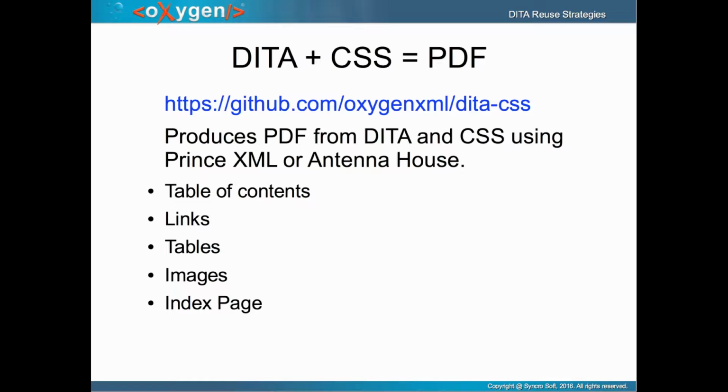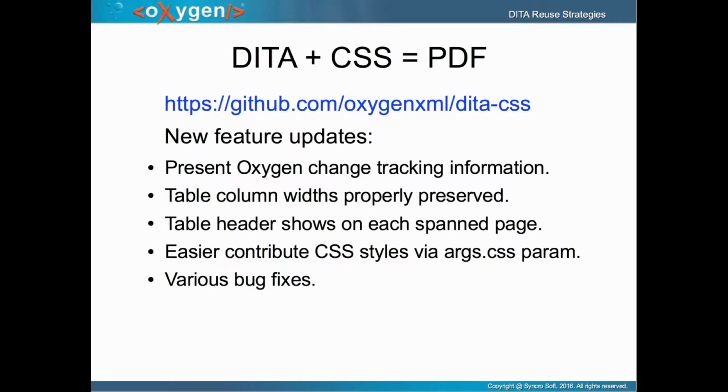If you compare it with customizing the XSLFO output, you do not need XSLT knowledge. You just need CSS knowledge. Add certain CSS selectors to customize the output. And as an update, this year we also added new features to this plugin.